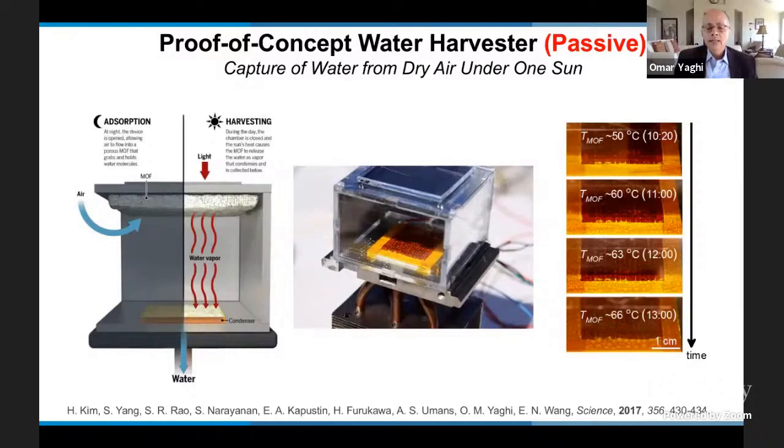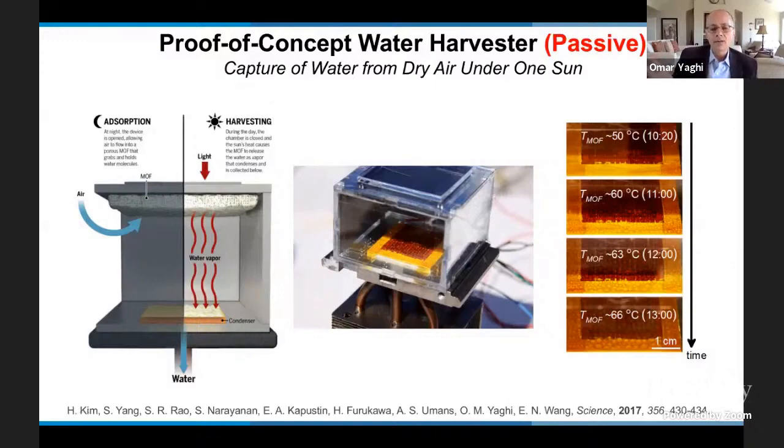Okay, so from the laboratory, we wanted to take this outside and show that in fact this works in the desert. So here's a device. This is a very small device that only has 2 grams of moth. Okay, it's a handheld device. And the way it works is that the moth is put in the container, and during the night, the moth is exposed to the air.